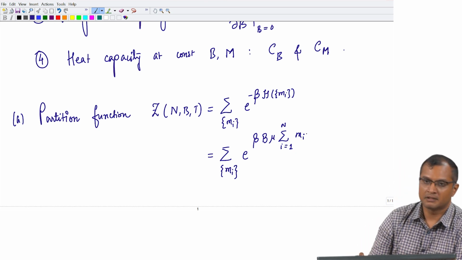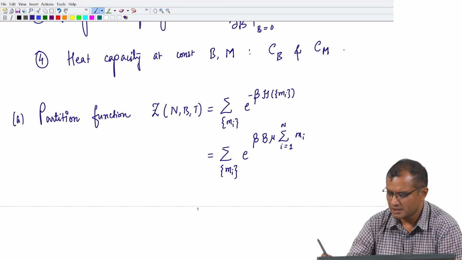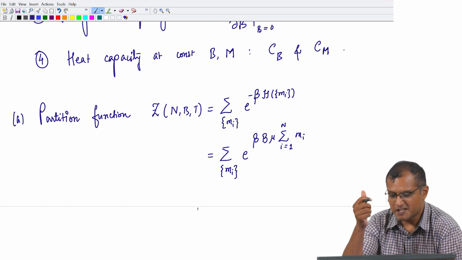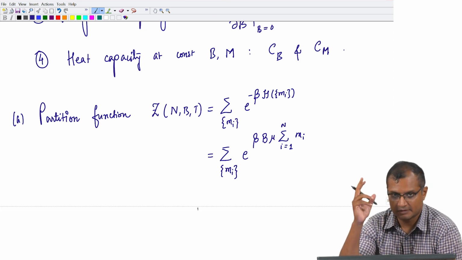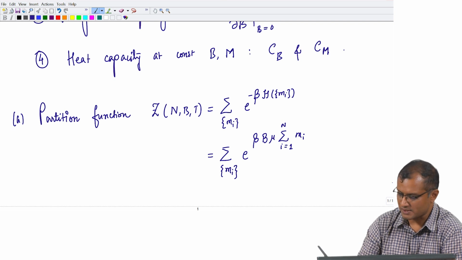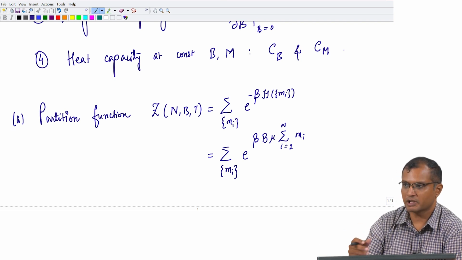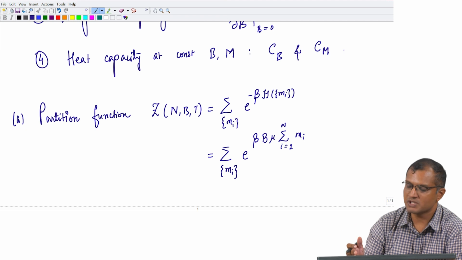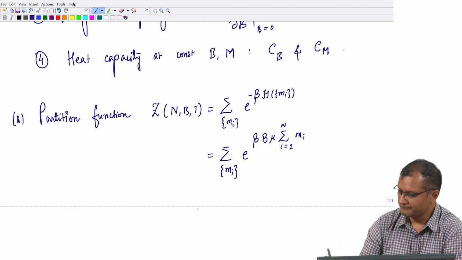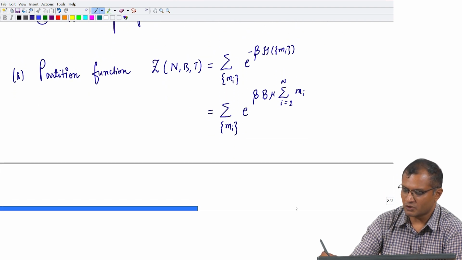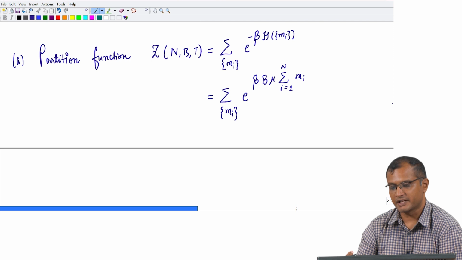The mi's here are picked up from the specified microstate in the summation. You have to sum over all microstates, and for each microstate whatever mi's you pick up, you have to use that in that summation, and then add up to the next exponent and so on and so forth. Sum it over all microstates, you have the partition function ready.